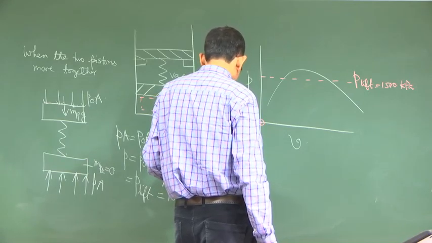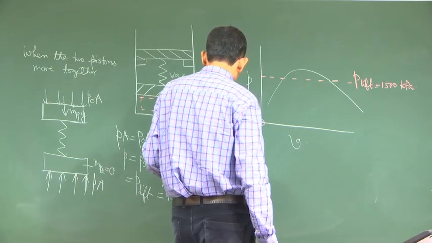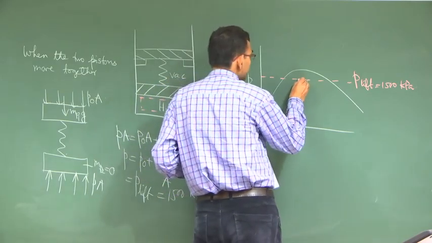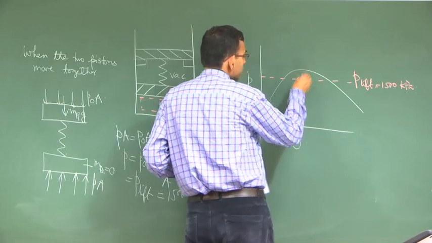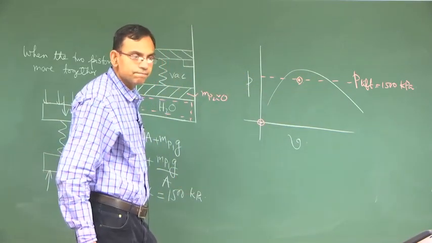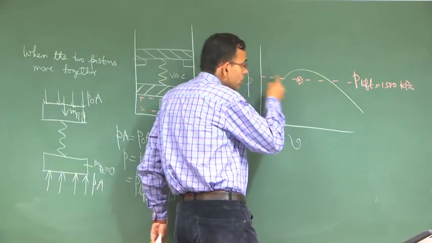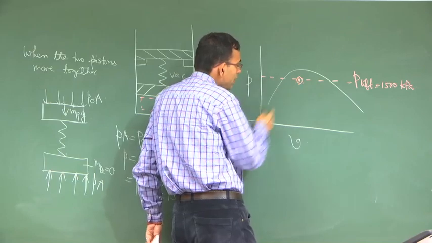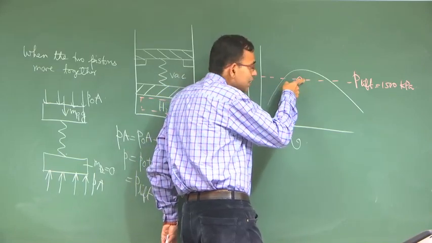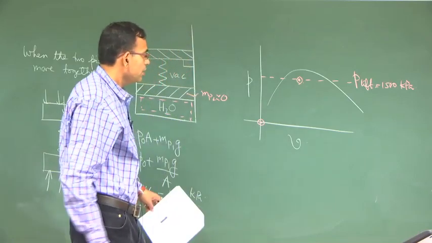So then we have to figure out what is the state, what is the volume here which will lie on this line, what is the volume at which both the pistons move together and then they will follow this line. Okay.